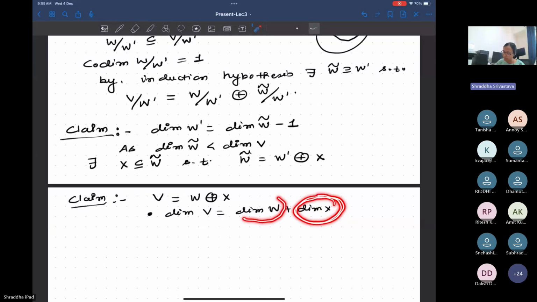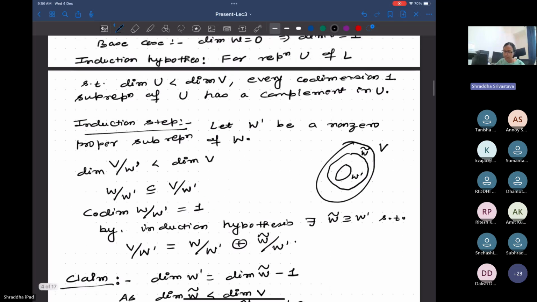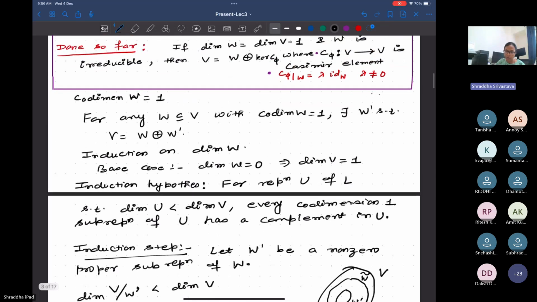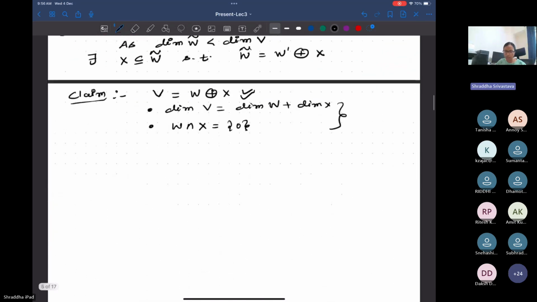And we started with W of co-dimension 1, so this is very easy. The second thing you check is that W intersection X is 0. If you combine these two, you have your claim. And we are done in the case when the co-dimension of the sub-representation is 1. Okay, so let us move on to the general case.